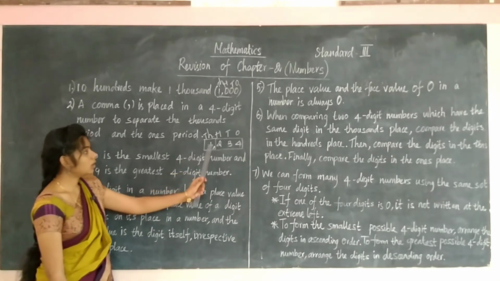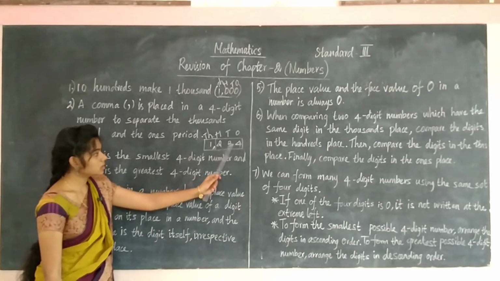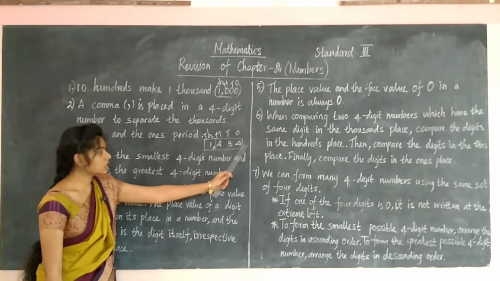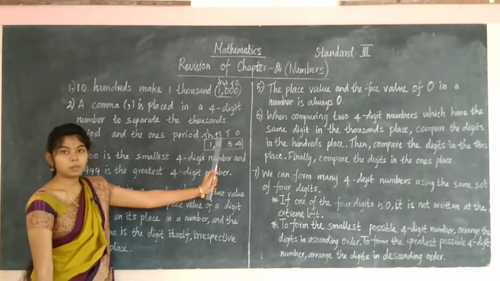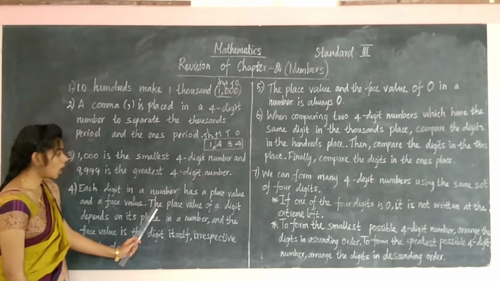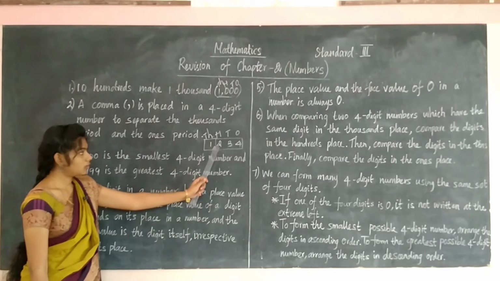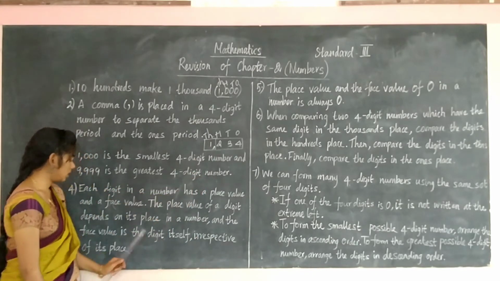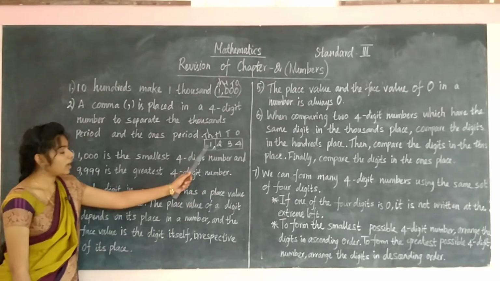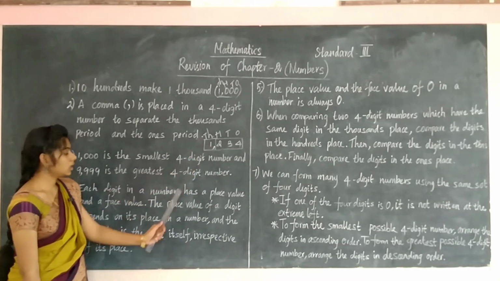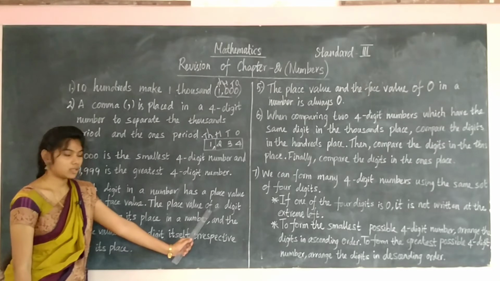See this number: 4 is a digit, 3 is a digit, 2 is a digit, and 1 is a digit. Each digit has a face value and a place value. How does the place value depend on the place of a digit? The place value depends on its place. Where the 1 is in the thousands place, it depends on the place only, so it is said to be a place value.